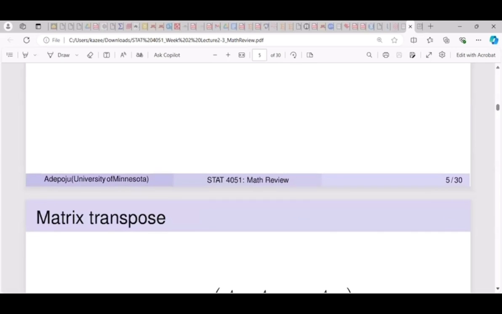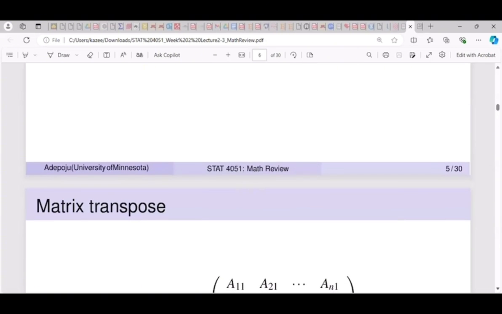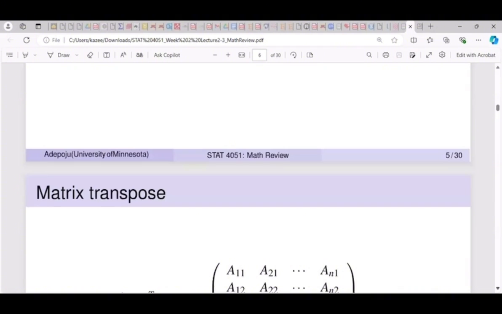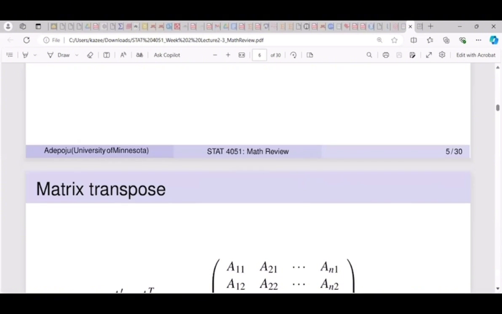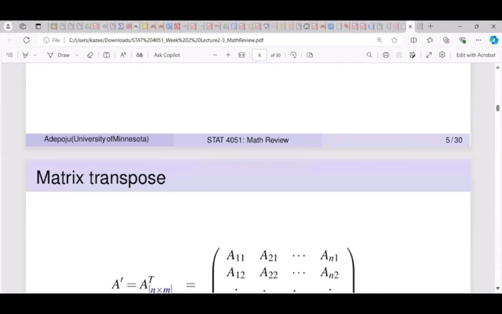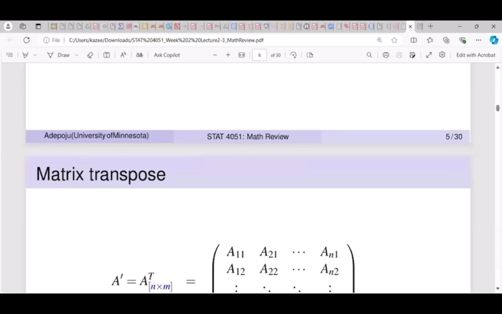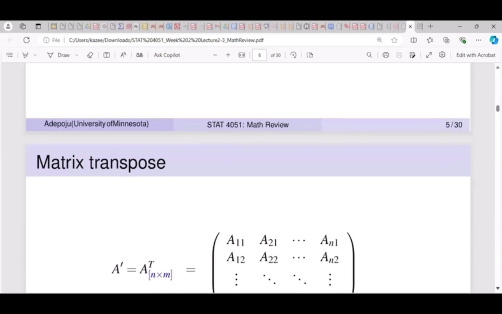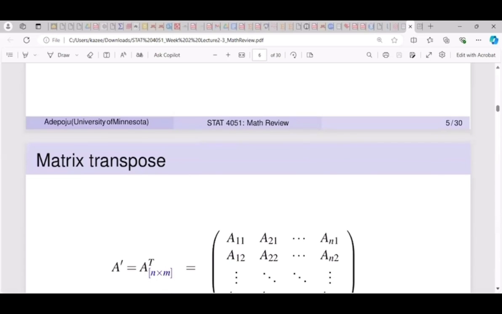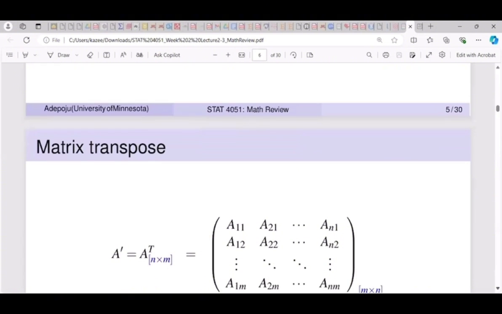So when we talk about matrix transpose, I know you've done this before. Matrix transpose is more or less a way of changing or rearranging data structure. Initially I have observations occupying the row position, and I have the number of features in the column position, and I decide to change the position.